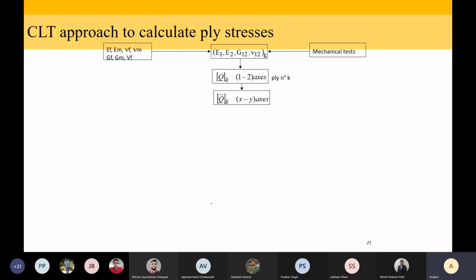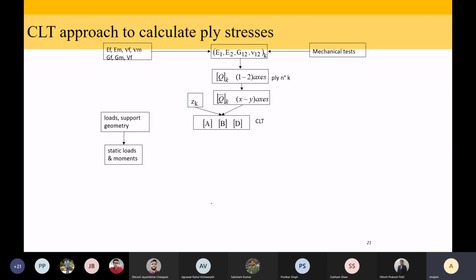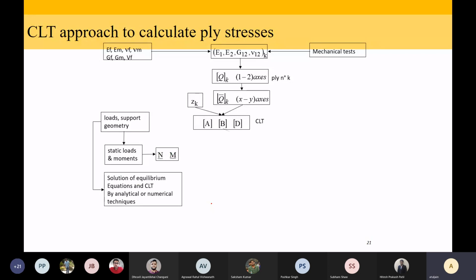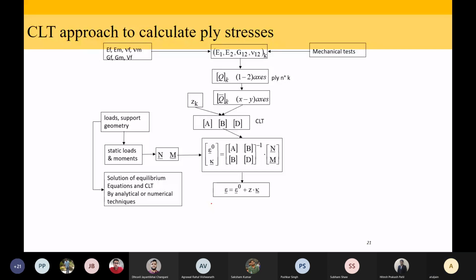If you know the Zk, which you will get from the layup sequence, you can calculate the ABD matrix using classical lamination theory. So load, support, geometry, let's say that is given. And then from this you will get the NM matrix, which is depending on what type of load is applied, etc. Then you can calculate the strain epsilon naught and K based on the relationship that we have just studied.